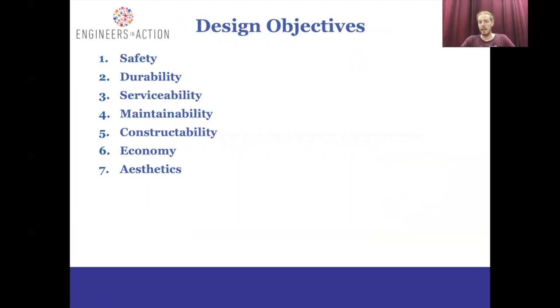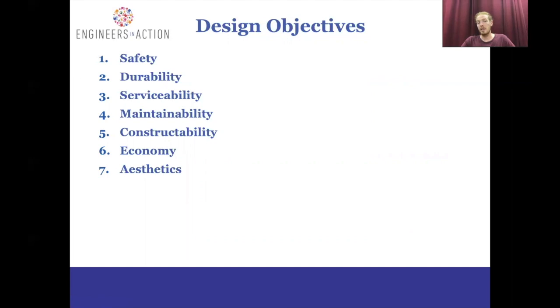So lastly, I want to take a moment to discuss some design objectives: what aspects of the bridge are we even designing for? We know we need to build a bridge to get from one side to the other, but we could do it a bunch of different ways. We'll have an assignment relating to the design objectives and more of a discussion, as well as some questions about it.